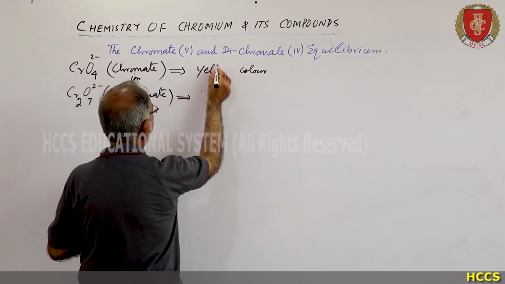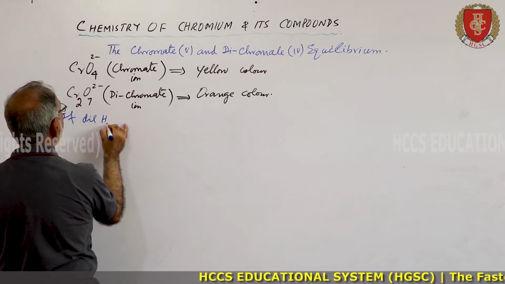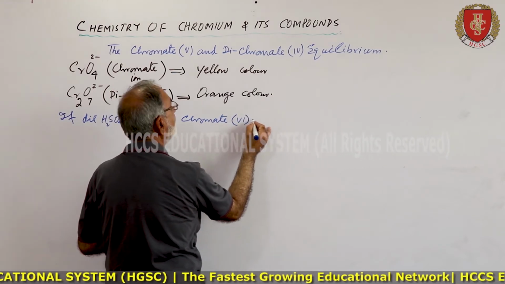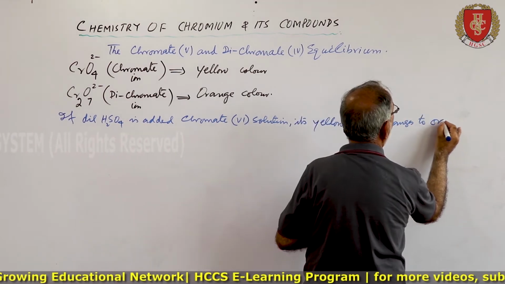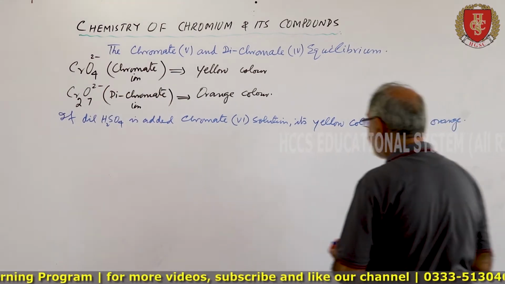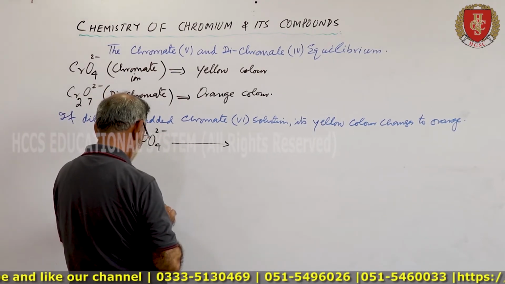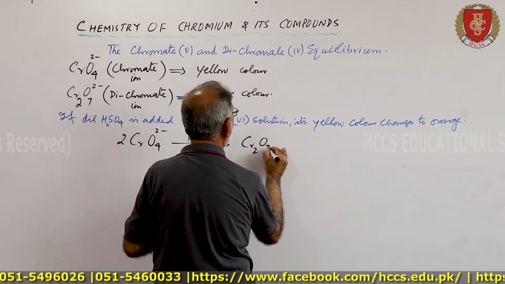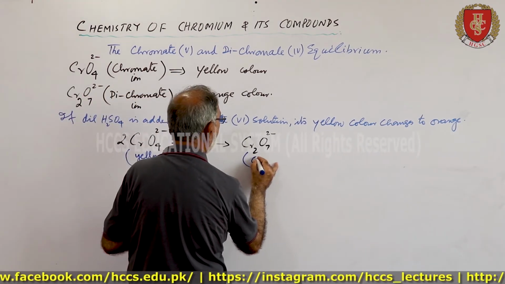If dilute sulfuric acid is added to chromate 6 solution, its yellow color changes to orange, that is CrO4 2- changes to Cr2O7 2-. Here we are adding the sulfuric acid. This is yellow and this is orange.